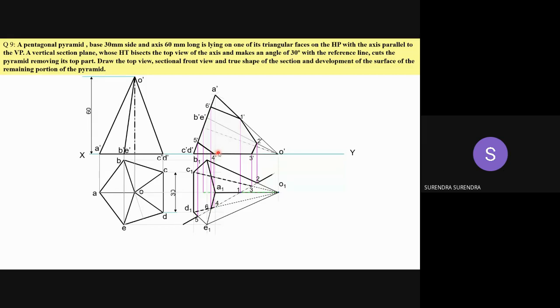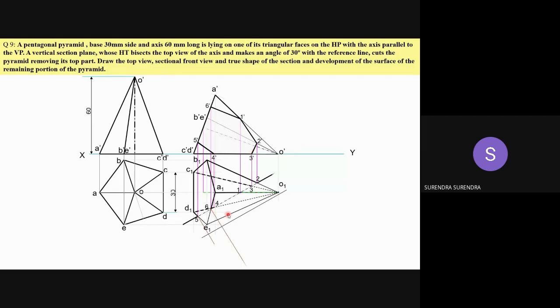So as points 4 and 3 are on the XY line, on this line we have to mark and represent the parts 4, 1, 3, 1. So since it is an overlapping condition, to maintain the distance we will draw a parallel line to the cutting plane. Draw a parallel line to the cutting plane, as points 3 and 4 are on the reference line.